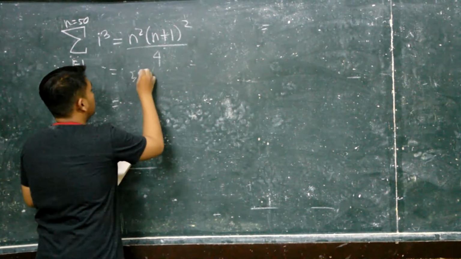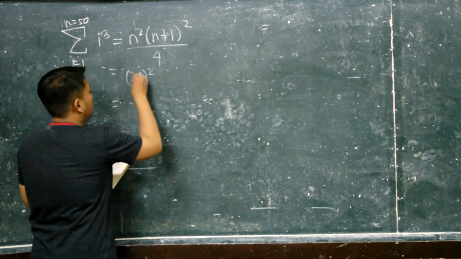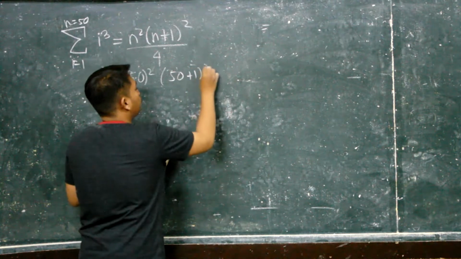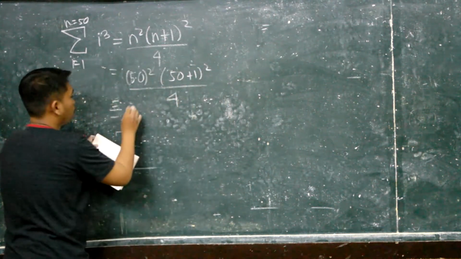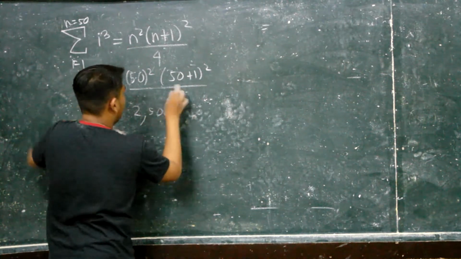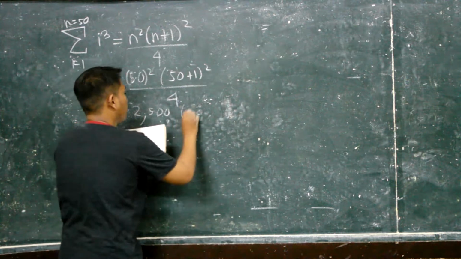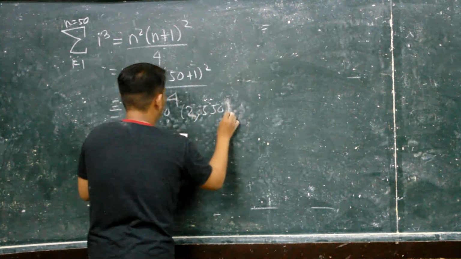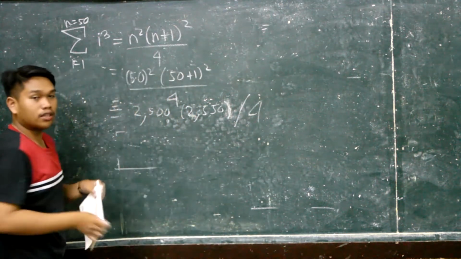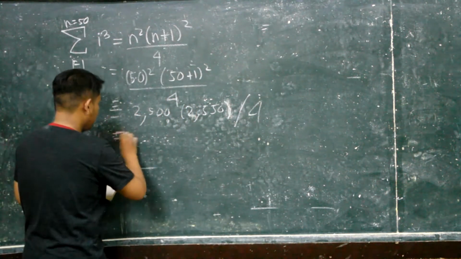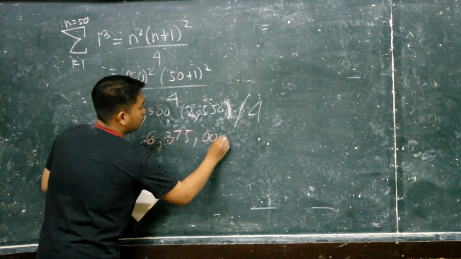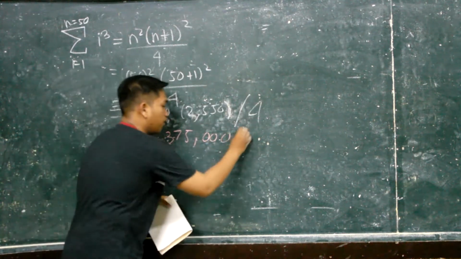So 50² times (50+1)² all over 4. 50 squared is 2,500. 51 squared is 2,601. 2,500 times 2,601 is equal to 6,502,500, and we are going to divide it by 4.